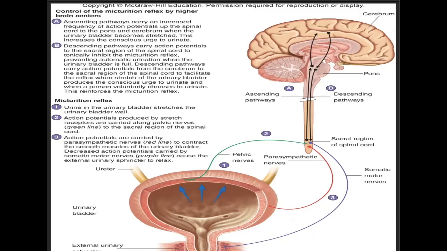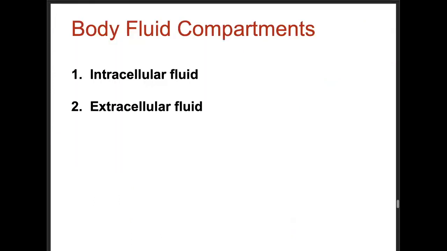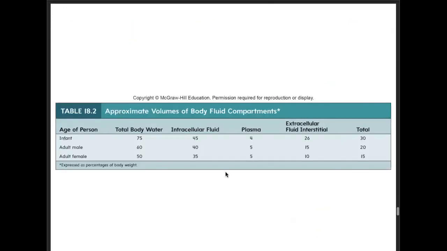Okay. Now, how about here? This one, we have the body fluid compartments. You will learn more of this one in your medical surgical nursing, but we have your intracellular fluid and your extracellular fluid. Of course, intra means internal or inside, extra means on the outside. Just learn this concept on your book, please.